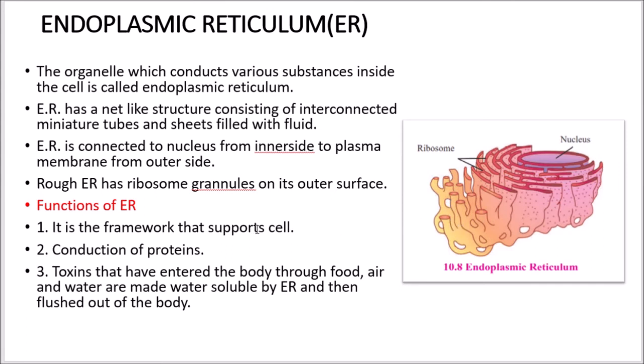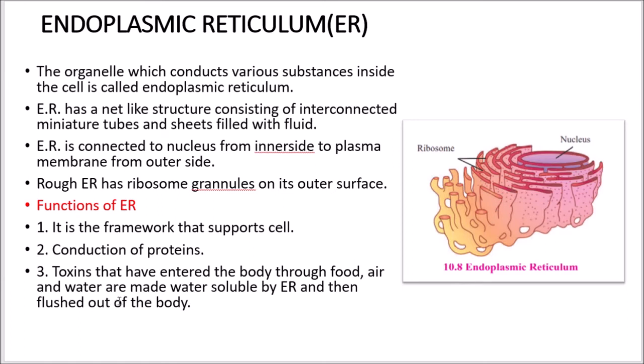The function of the endoplasmic reticulum is that it is the framework that supports the cell. Then conduction of protein. So whatever the fluid contains in this package-like structure is a protein, and that protein is stored and also conducted to each and every cell.